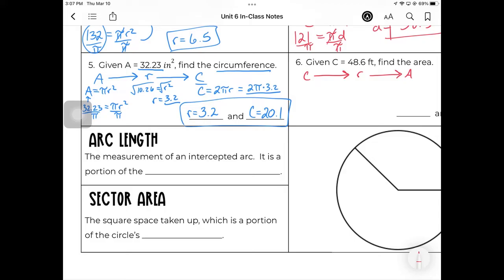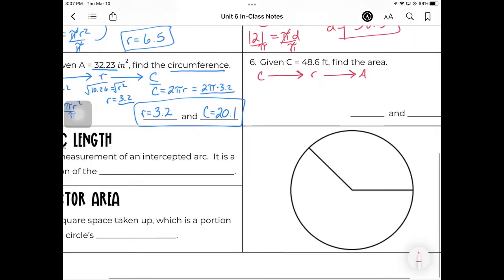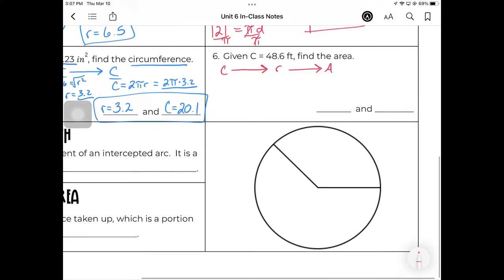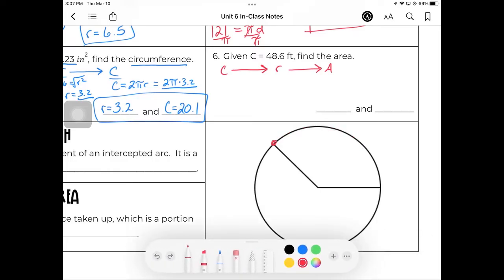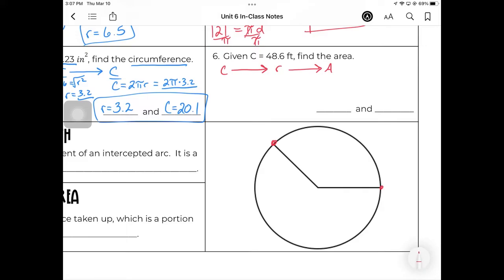So we've talked about what arcs are. Anytime I put an arc on a circle, I take 2 points on the circle and I kind of represent that part of the curve. That arc has a measure in degrees, but it also has a measurable length. So if I call this point A and this point B, and the center of my circle, let's call it E again.